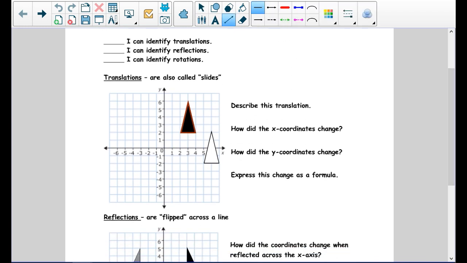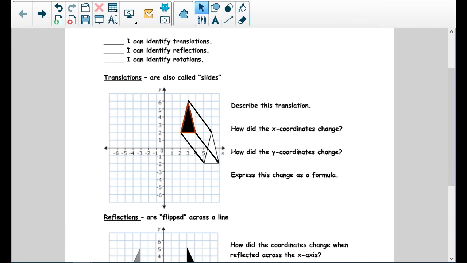Basically what we have is these vectors. These vectors go from one shape to the next. And this vector is the same length all the way across. So each point gets translated to a new spot.